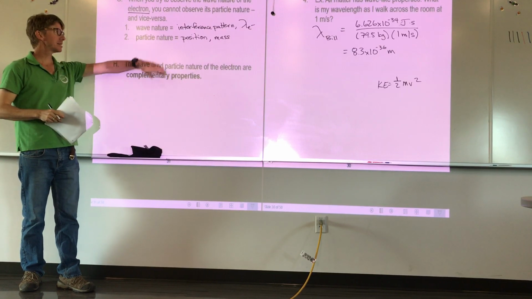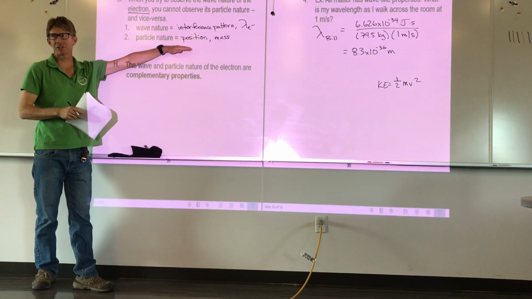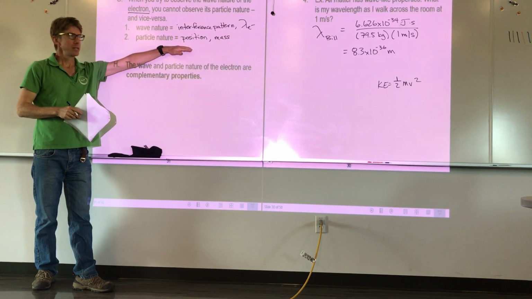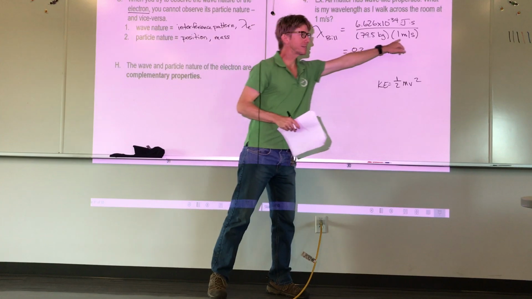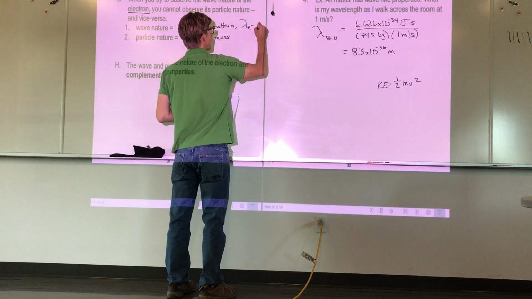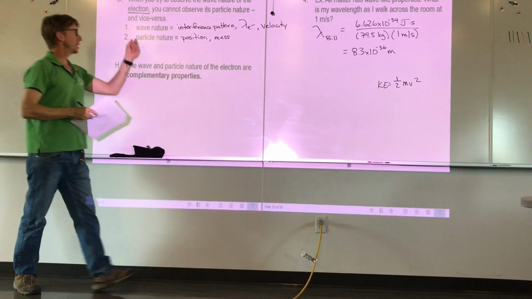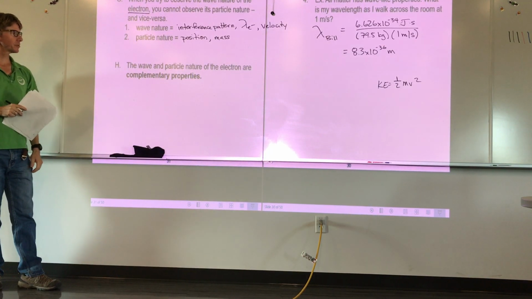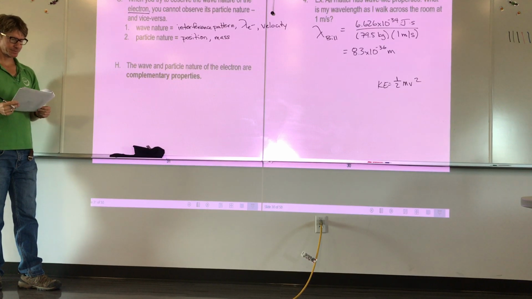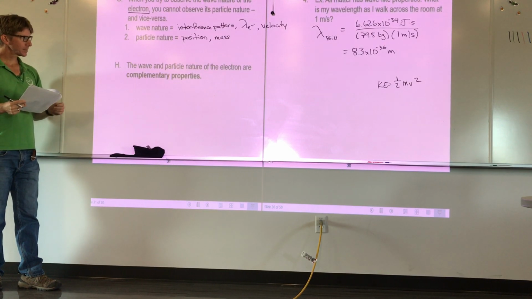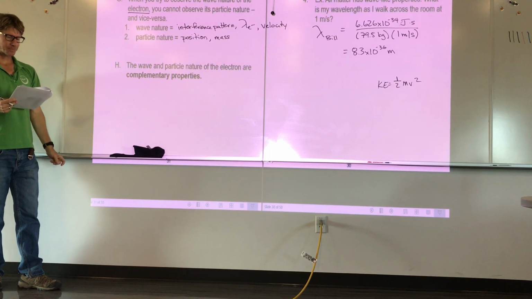What I mean by that is particles tend to have mass, and those masses tend to have positions. I've put in wavelength up here, but the wavelength is related to the velocity, so another representative of the wave nature is velocity as well. The wave and particle nature of the electron are complementary properties.